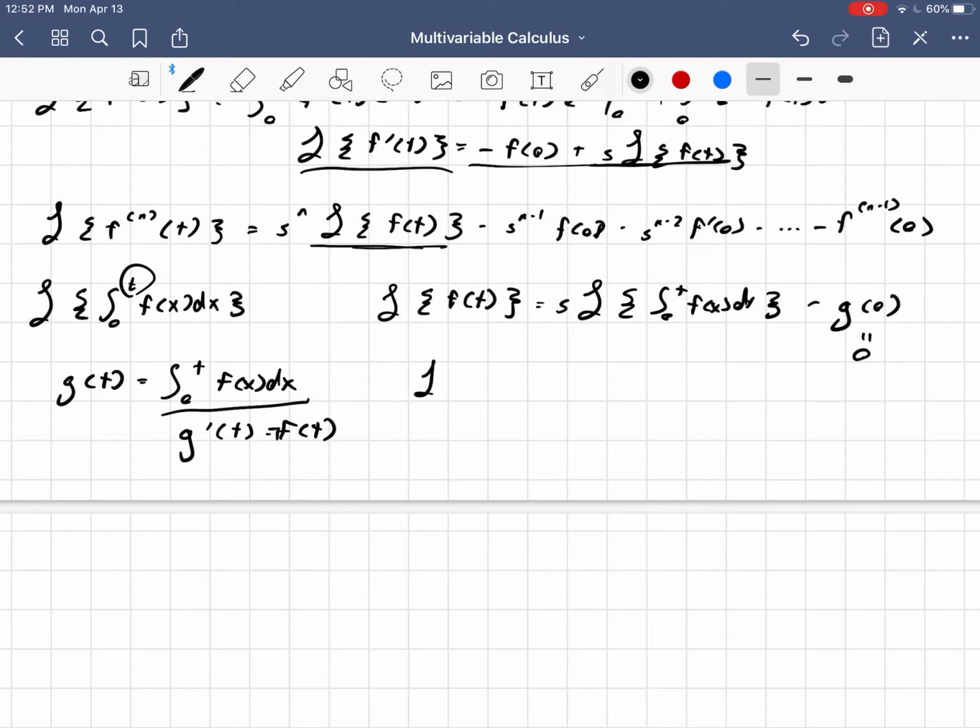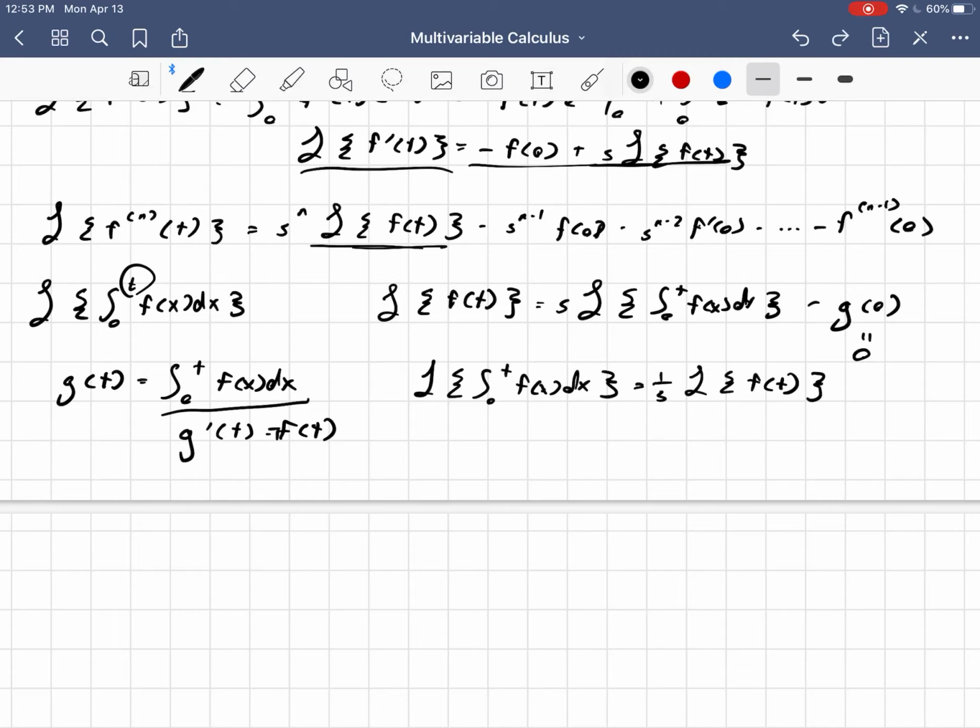But g of 0 is the integral from 0 to 0 of whatever. So g of 0 is 0. And so in other words, the Laplace transform of the integral from 0 to t of f of x dx is just 1 over s times the Laplace transform of f of t.